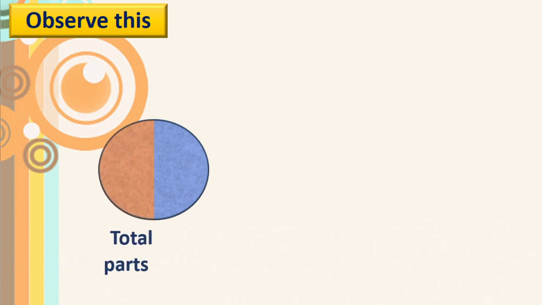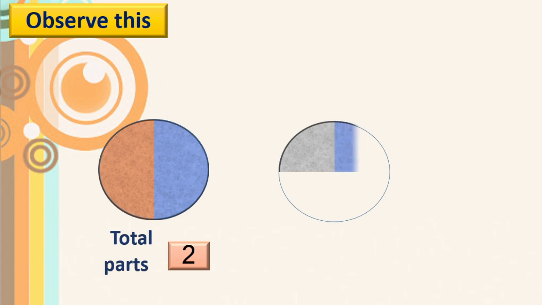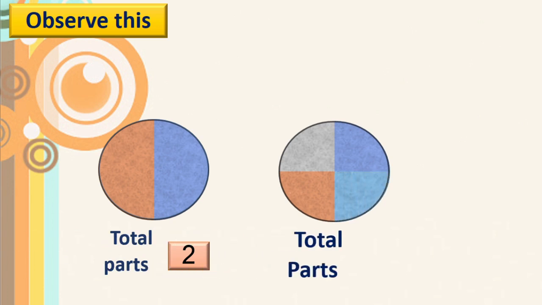See here. Okay, this is blue color, orange color, total parts are 2, and here also you can see this is divided into 4 equal parts with different colors. Right? Now we will go through only the blue color.